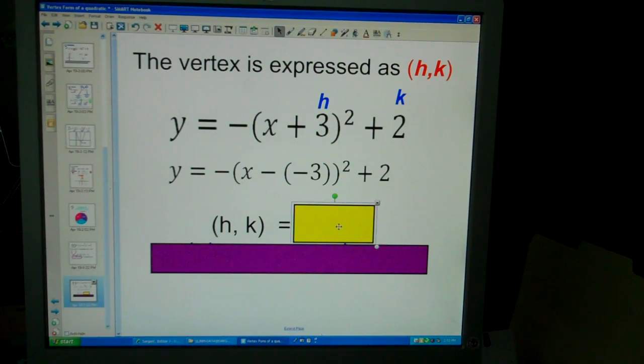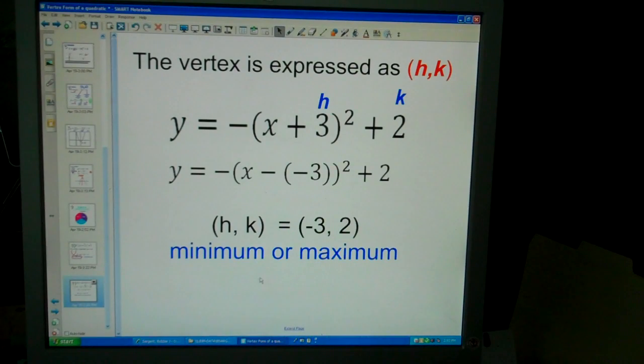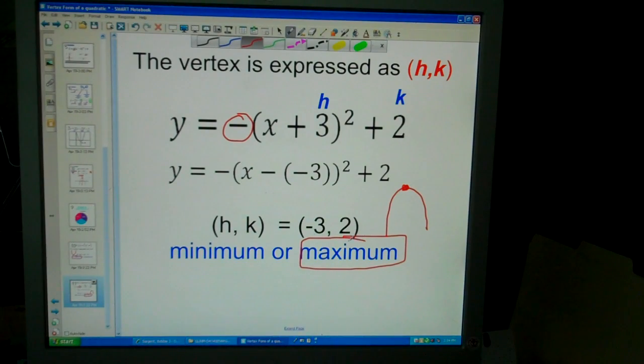H comma k, negative 3 comma 2. What about this one? Is this a minimum or a maximum? What is A? Is A positive or negative? A is negative. That means it's going to be upside down. So it's going to be up here. That's going to be our high point. So it's going to be a maximum this time.